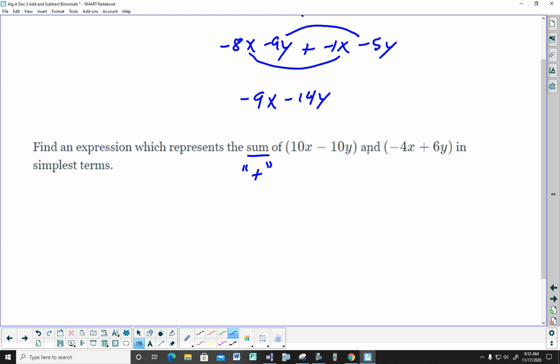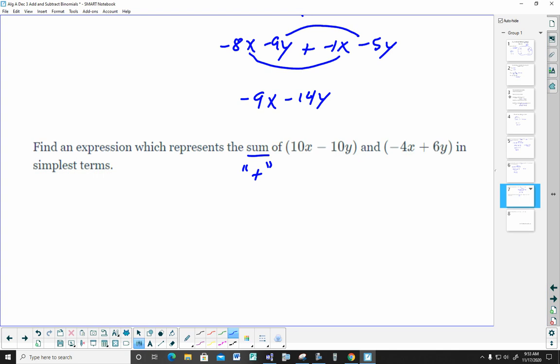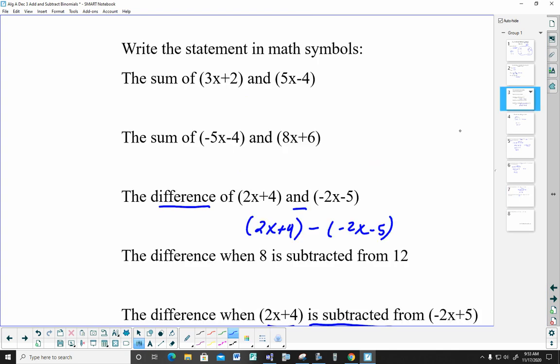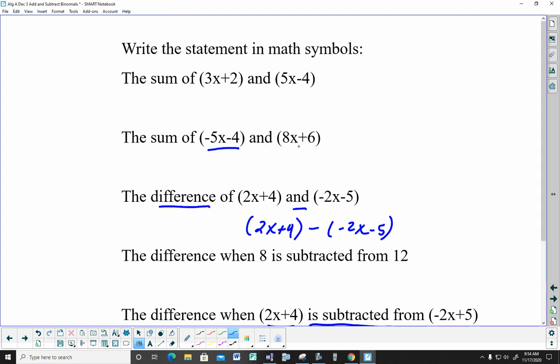And previously we looked at just translating these things. Let's see, where was it here? Find the sum of this and this. All we did was replace and with a plus. Minus 5x minus 4 and 8x plus 6. We just replaced and with a plus. Okay?